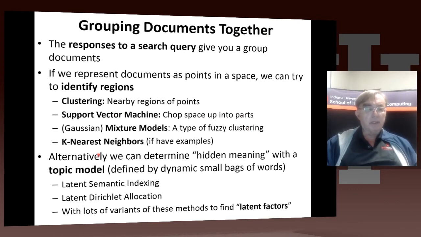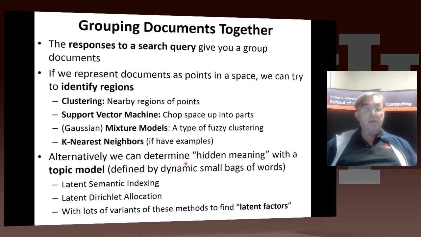We can also do something a little more subtle, which is not directly using the vectors, but by assuming that there are topics and that documents discuss topics. Topics can be defined in a totally abstract fashion as effectively a dynamic small bag of words.